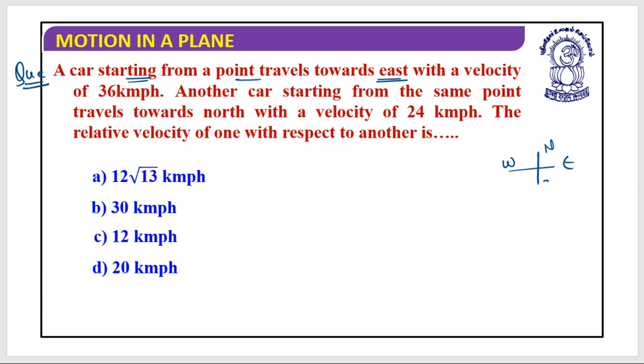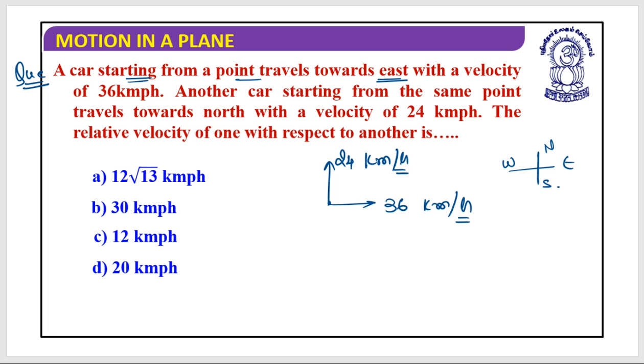It's NEWS. A car is moving in this direction with a speed of 36 km per hour. Another car from the same point travels towards the north, this is the situation, with a speed of 24 km per hour.